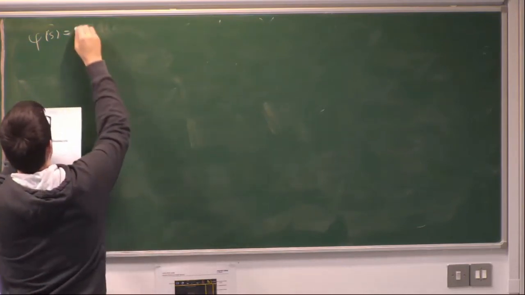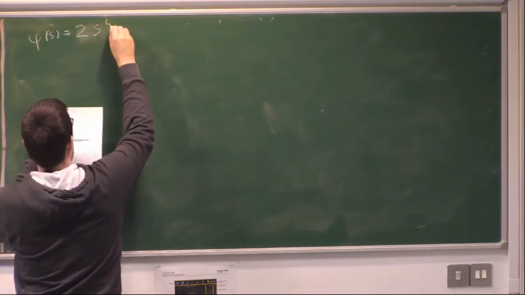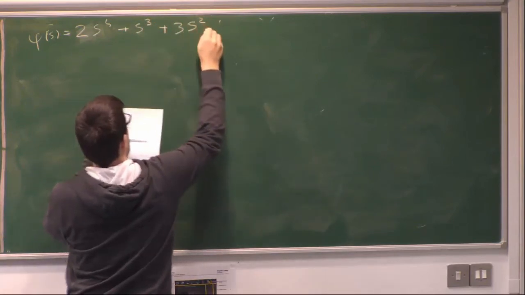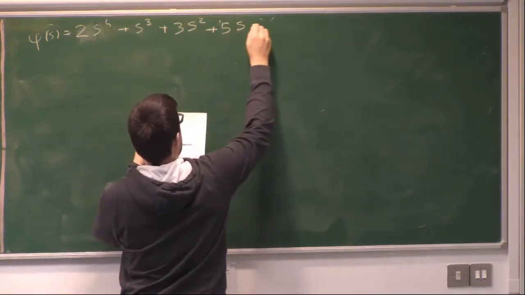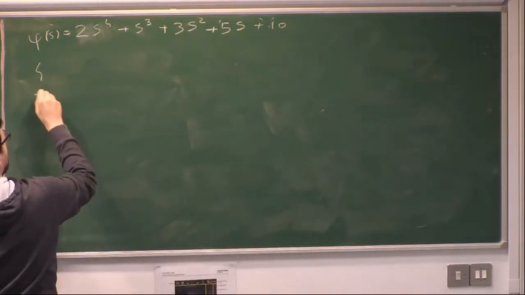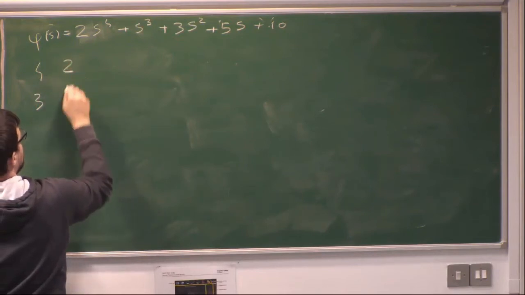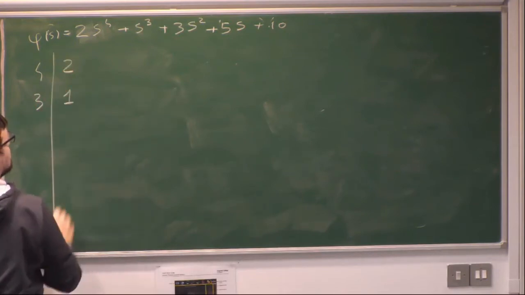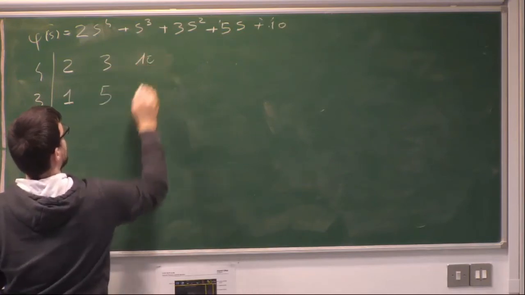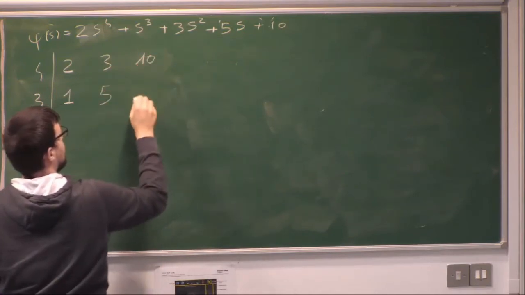The next example is 2s to the power 4 plus s cubed plus 3s squared plus 5s plus 10. So we have the first 2 lines: for s to the 4 and s cubed, it is 2, 1, 3, 5, 10. First of all, we check, obviously here is 0.